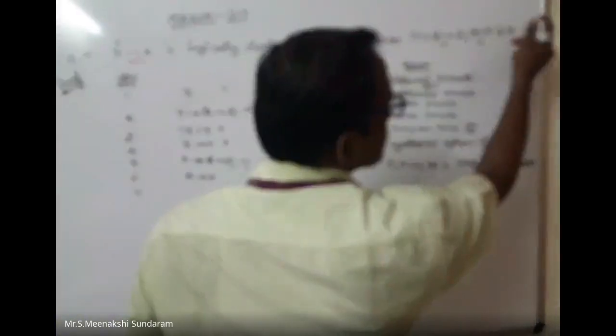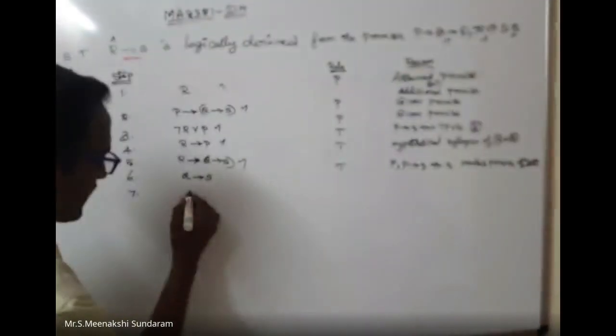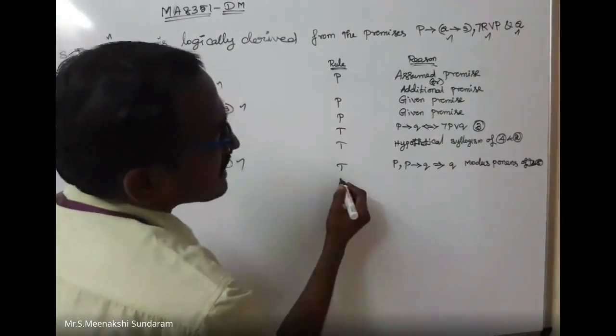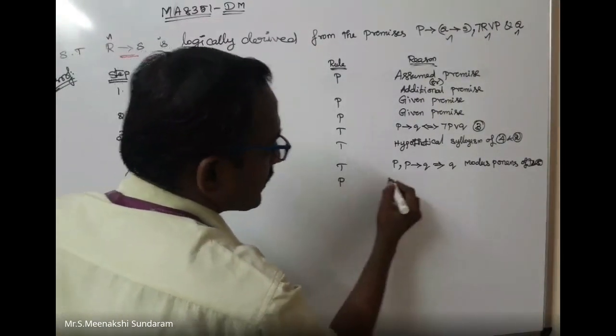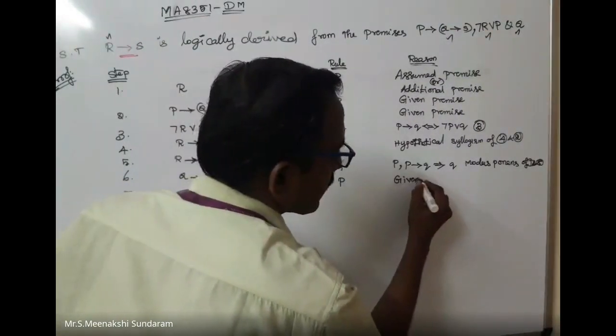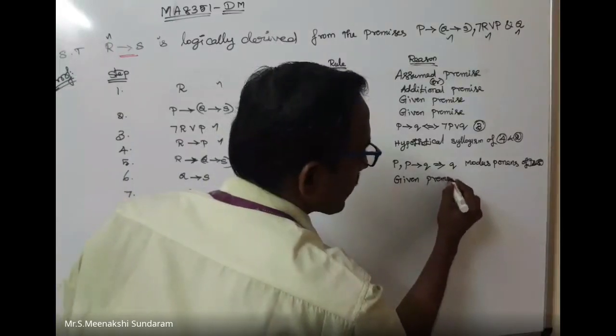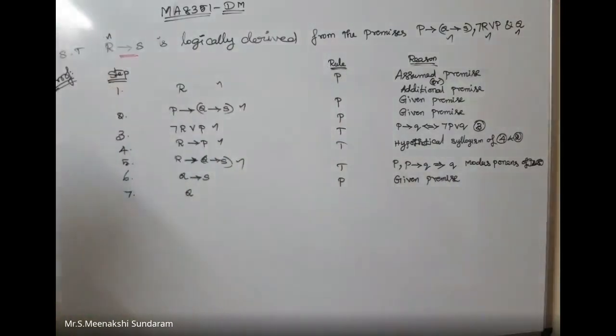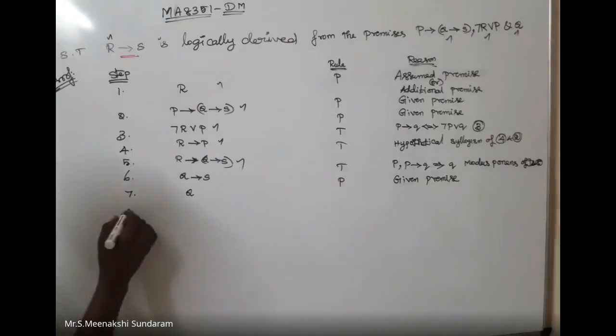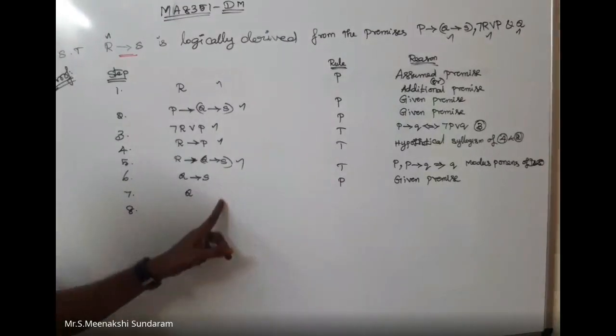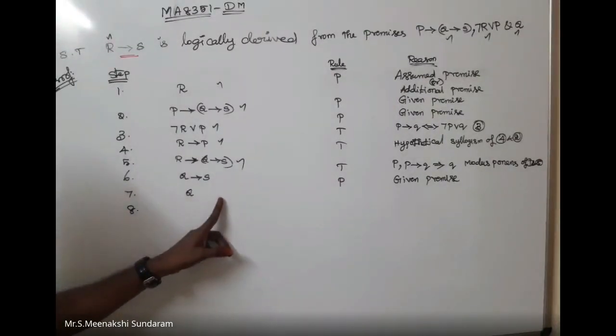I didn't use the premise Q. I'd like to take Q as a given premise. Now we can apply, in the end step, any other formula.